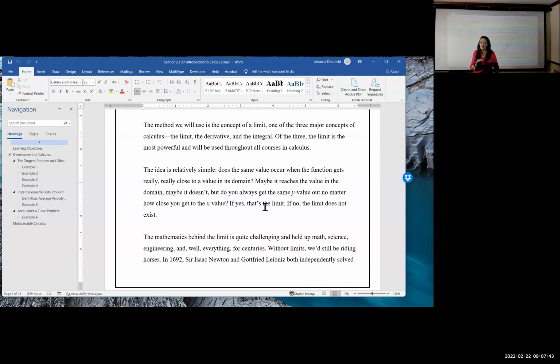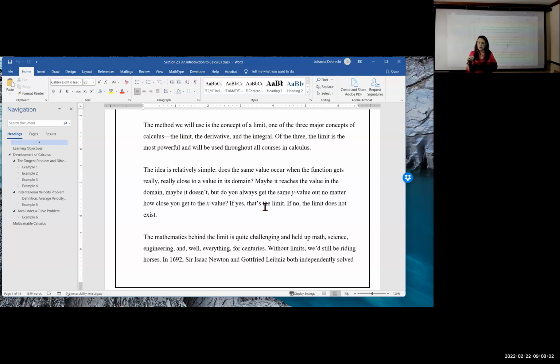It took another 140 years or so. It wasn't until the 1920s with Cauchy, Augustin Cauchy, that we actually got a formal definition of the limit. So they understood intuitively what it was.